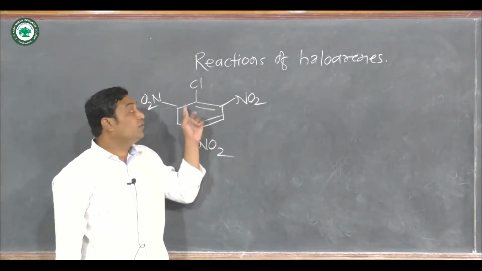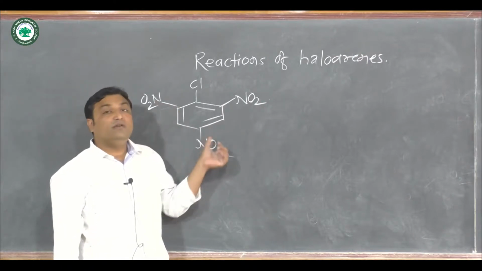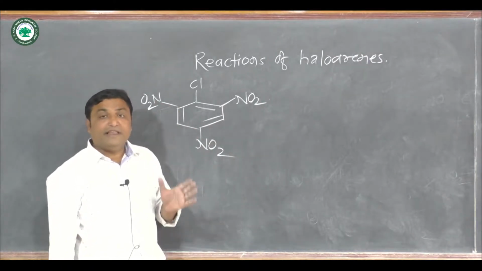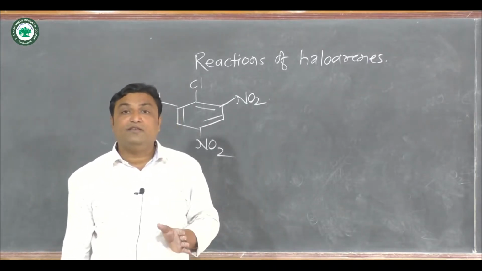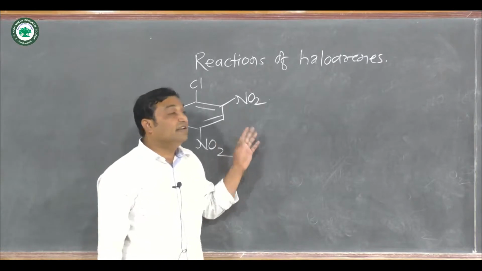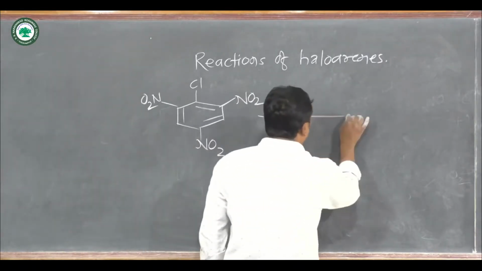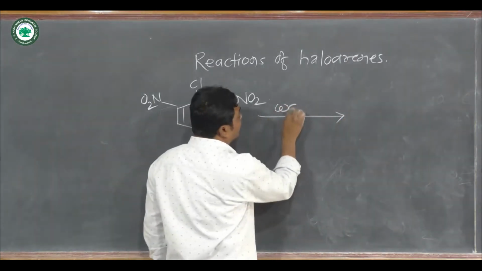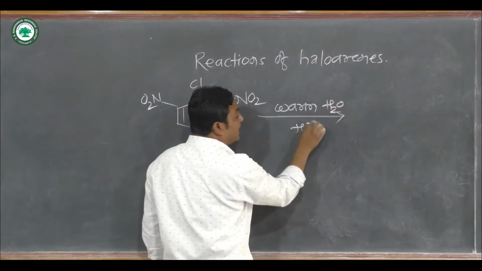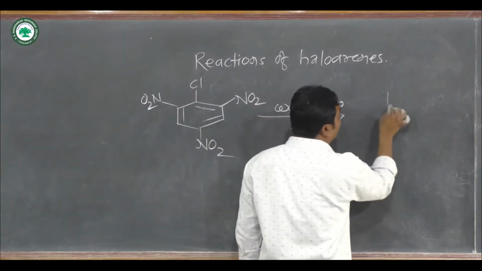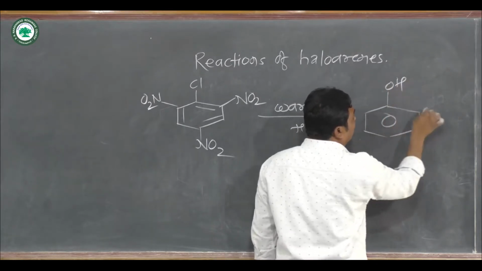When this trinitrochlorobenzene, which carries 3 strong electron withdrawing groups, is used, there is no requirement of increase of temperature. It means this reaction is generally carried out by using warm water only, followed by acidification. It gives the formation of trinitrophenol.